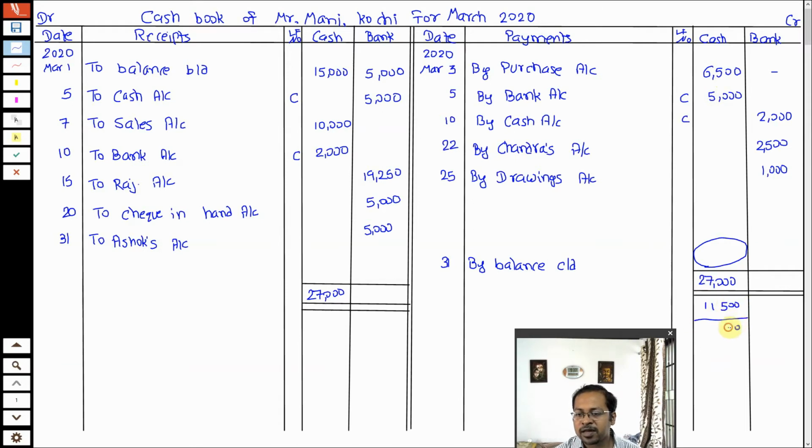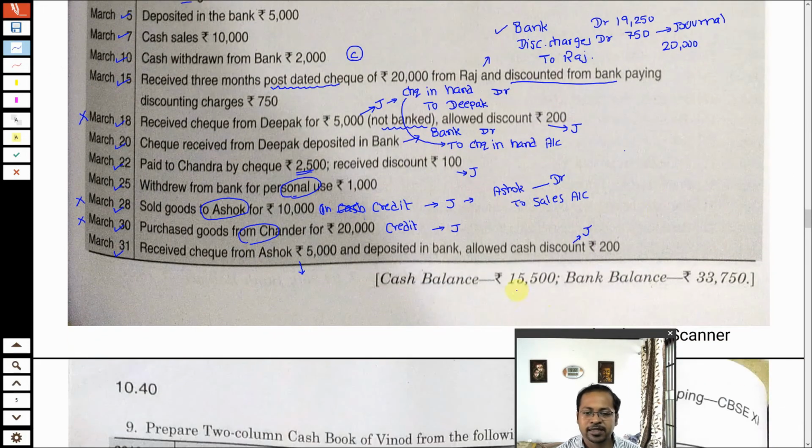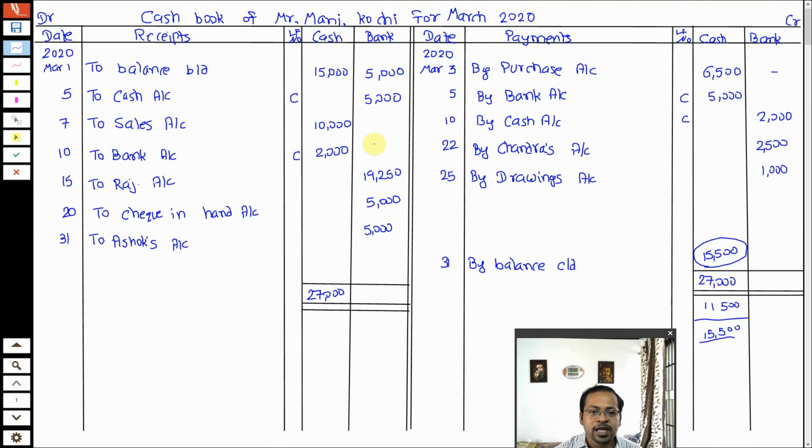So if I deduct, I am getting 15,500. Let's see. Yes, we have got the correct cash balance, and now we will focus on the bank balance. In bank also roughly we can say that debit side is more.